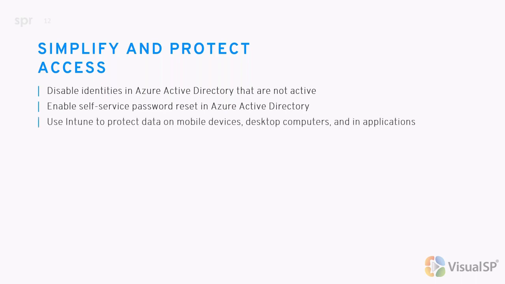And I'm sort of glossing over a big item here. Intune is an important thing to consider. Intune is a product that Microsoft uses with Azure and Office 365 to protect data on mobile devices and desktop computers.